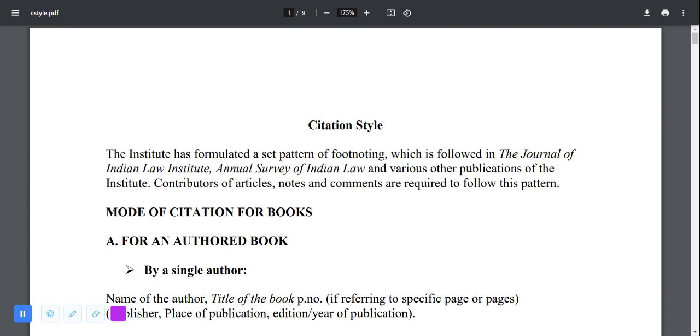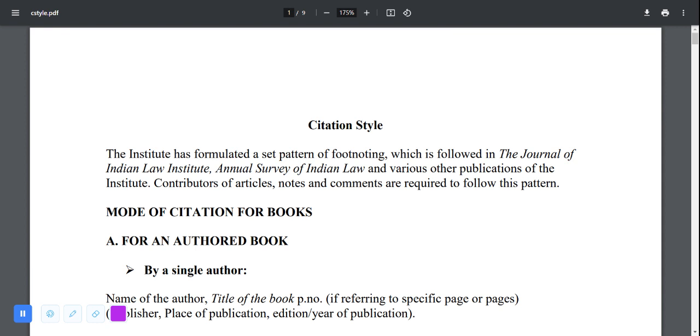What we check generally: the article must have a visible heading, and the heading must have a number, number one, number two, number three, like this.